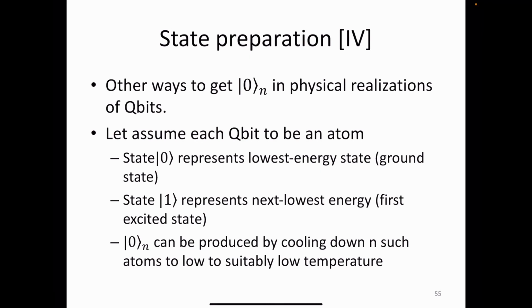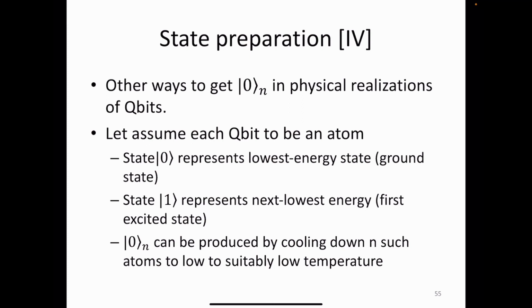Other ways to get an all zero state in physical realizations of qubits: if we have atoms and we use the lowest energy state, the ground state, as the zero state, then we can do it by cooling down the atoms. The lower the temperature, the lower the energy states.